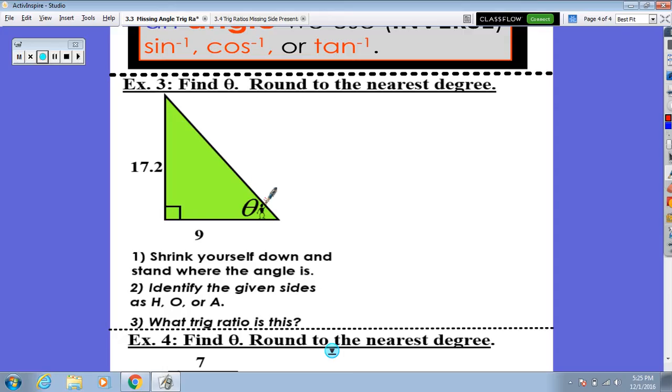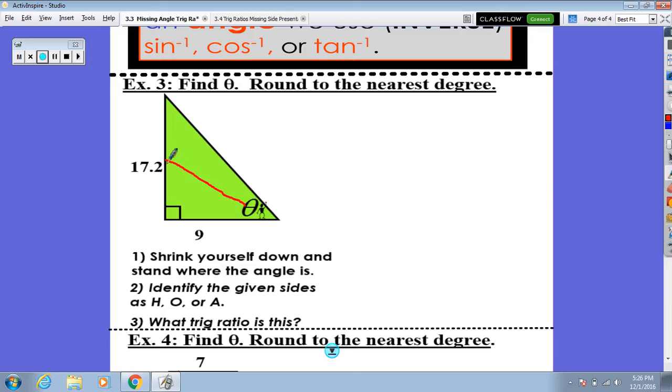So remember, we're standing here where the unknown angle is. Please remember, when you look at your worksheets today, they're not going to have the little man standing there. So if there's a question mark there, then you make sure to draw your little stick man in so you know which angle you're looking at it from. So based on where the angle theta or x is, we're going to identify the sides that we have.